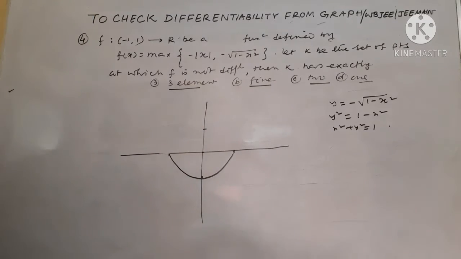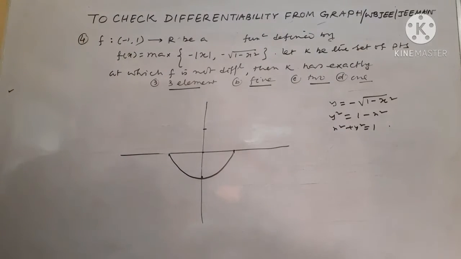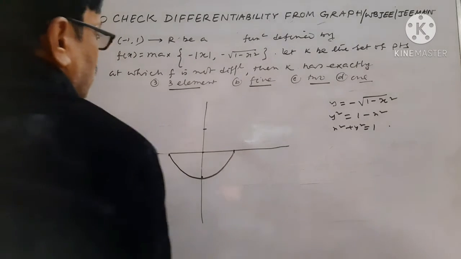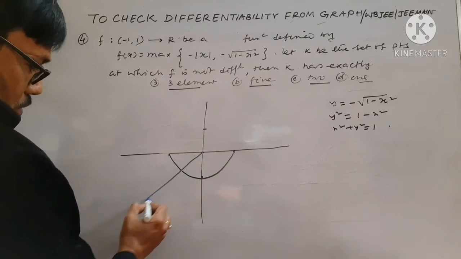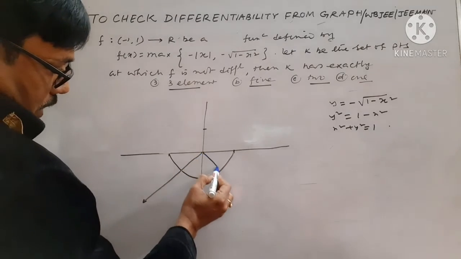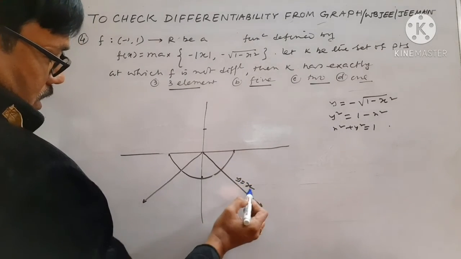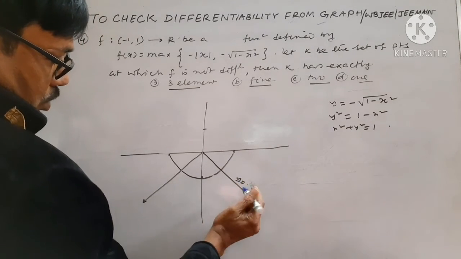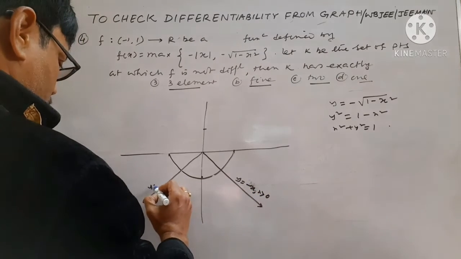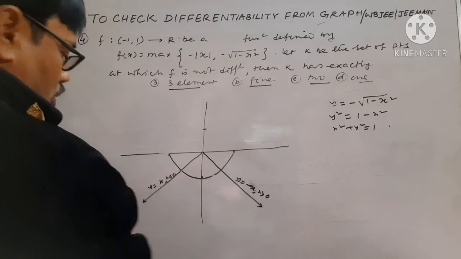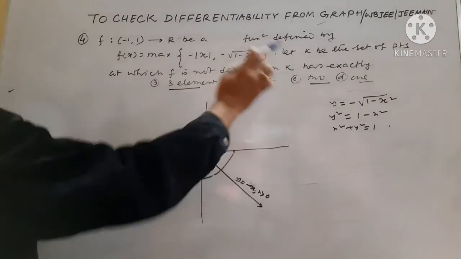This type of circle below the x-axis, and y equals to minus mod x. So this one, mod x, minus mod x. So this is y equals to x, this is y equals to minus x, x greater than 0. y equals to x, x less than 0. This is y equals to minus mod x, plus mod x is this type.